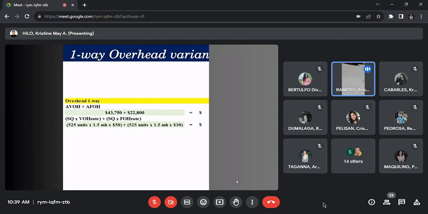The total overhead variance is under applied. It is under applied because our actual overhead is 66,550, and our applied overhead is 63,000.